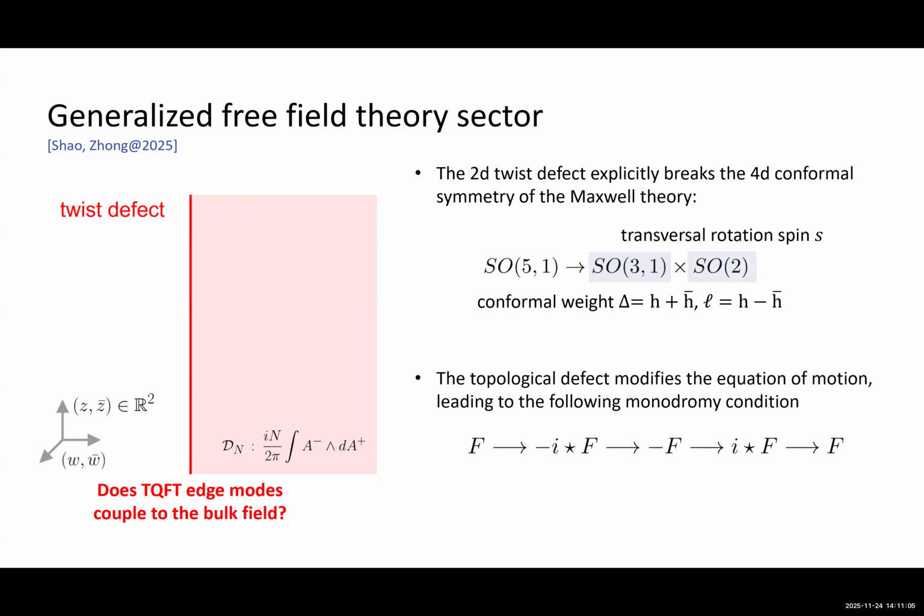And at the classical level, this symmetry defect would lead to a modified equation of motion, which leads to the twist condition such that every time you wind around this defect, the field strength of your Maxwell theory F is mapped to its dual, which is star F, and that leads to the order 4 spin selection rule, such that the spin has to be an integer plus or minus 1/4.